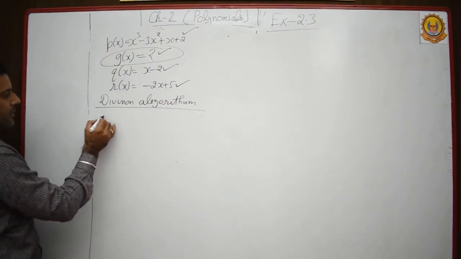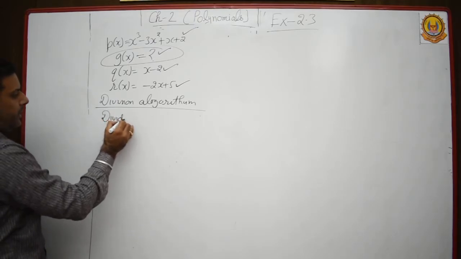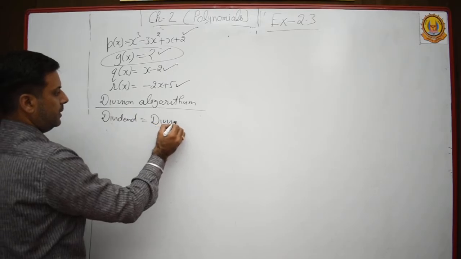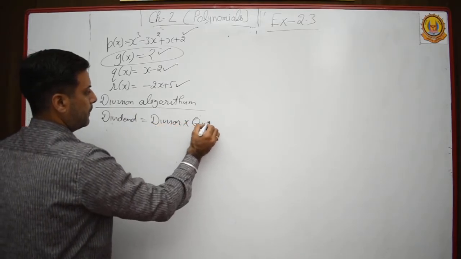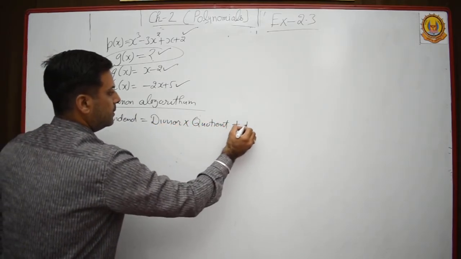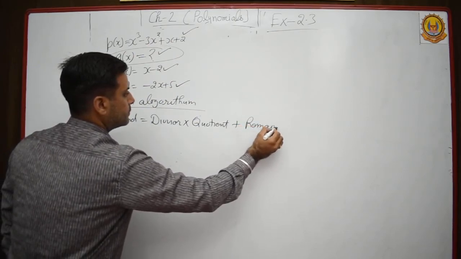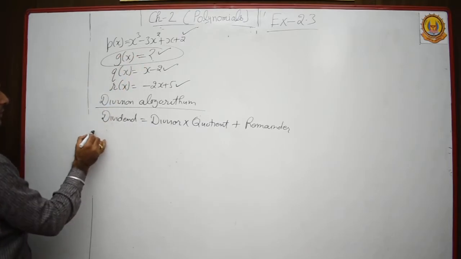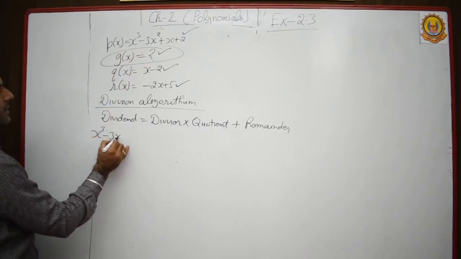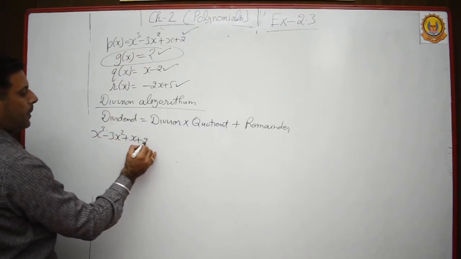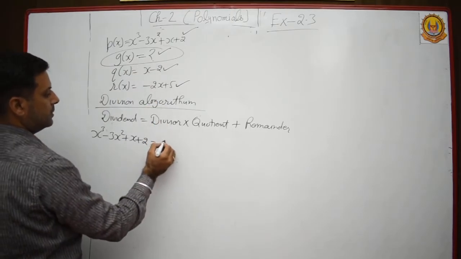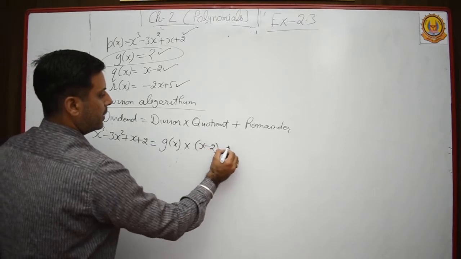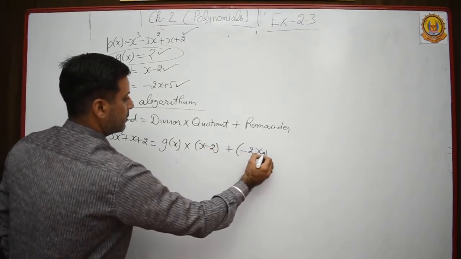So the division algorithm is dividend is equal to divisor into quotient plus remainder. Now put the values here. So dividend equal to x cube minus 3x square plus x plus 2. Divisor is g of x, quotient is x minus 2 and remainder is minus 2x plus 5.